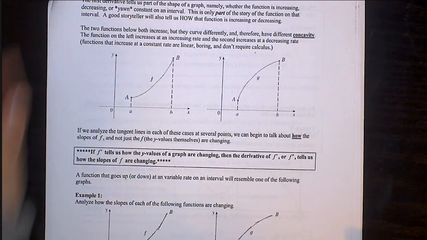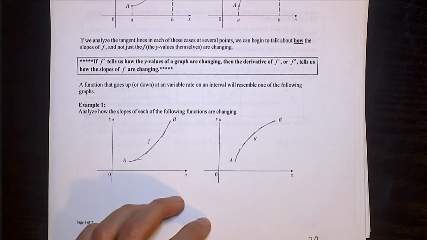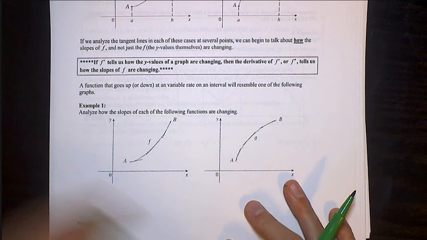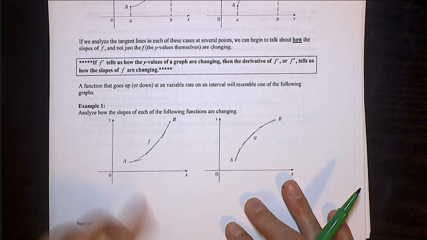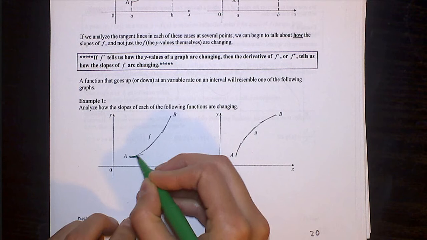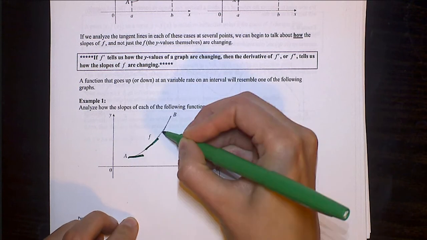Let's summarize these ideas in this box at the bottom. If we look at these two different graphs, you can see there are these little tangent lines, and remember, the tangent lines represent the slope at a given point.